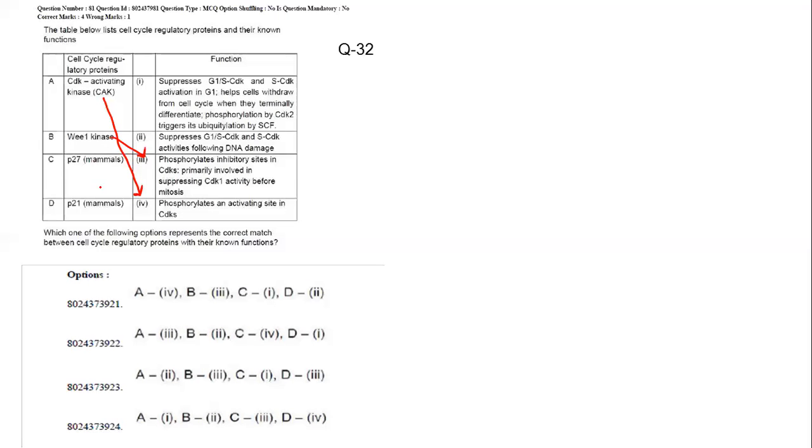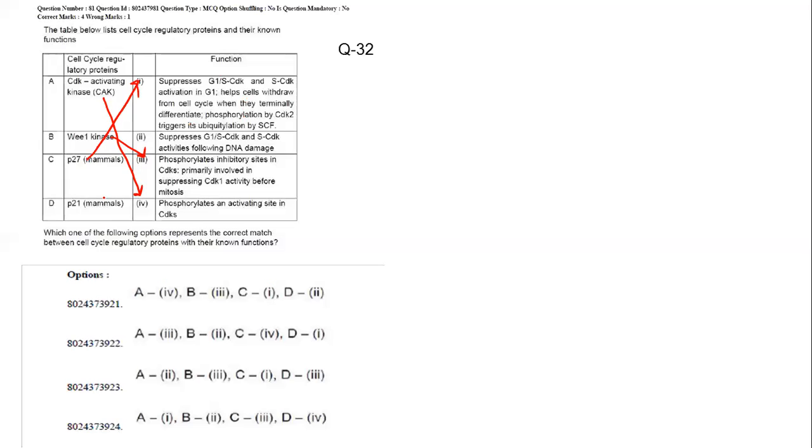P27 suppresses G1 CDK and S CDK activation. In G1 it helps cells withdraw from the cell cycle when they are terminally differentiated, and phosphorylation by CDK2 triggers its ubiquitination by SCF.